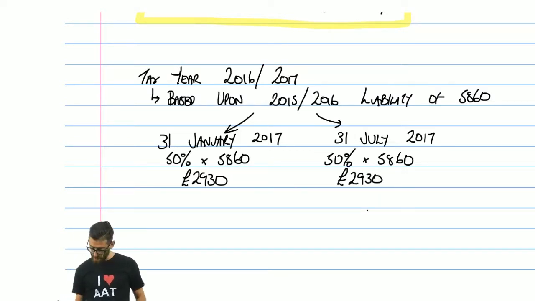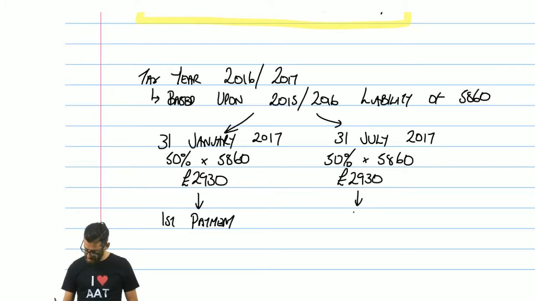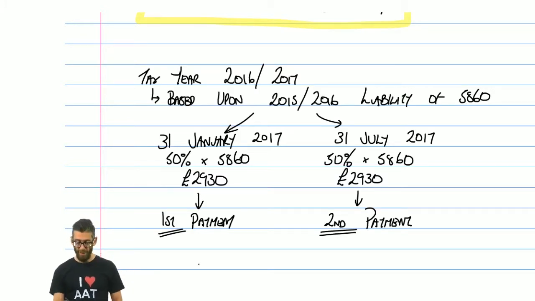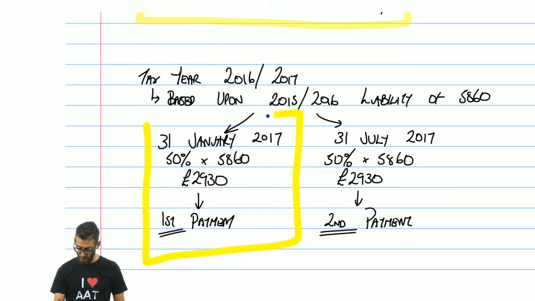And subsequently, I need you to understand that this is our first payment for this tax year, not a balance, and this is our second payment. Again, not a balance. First payment, second payment. Okay, we have, guys, the answer that we have been looking for.